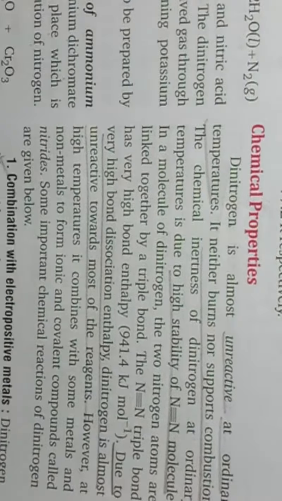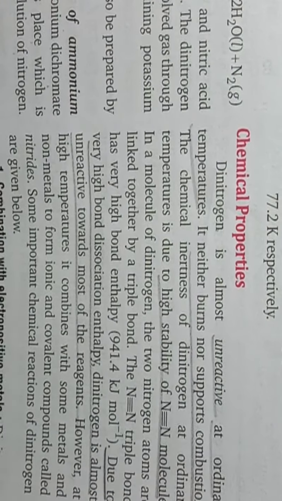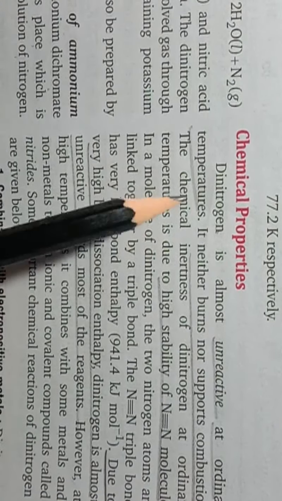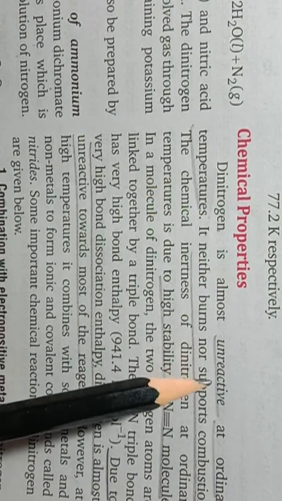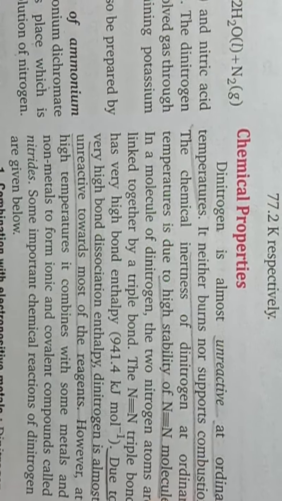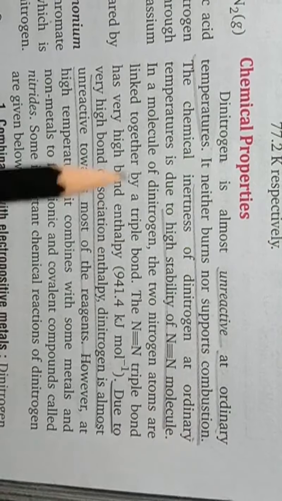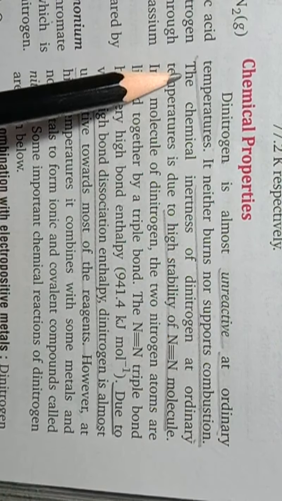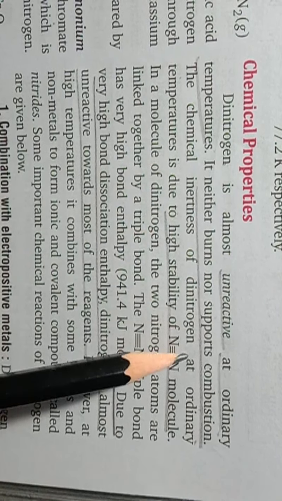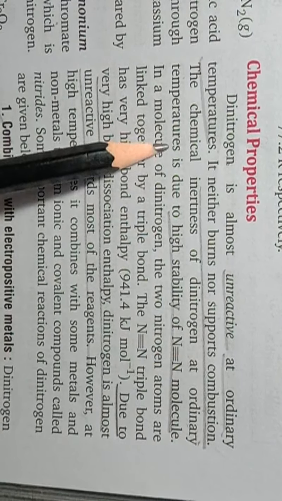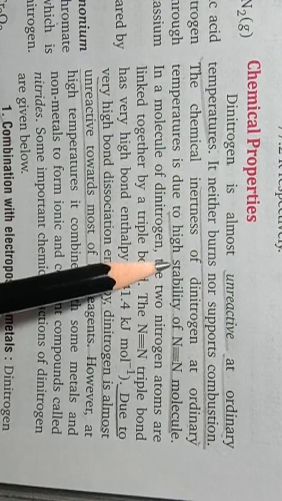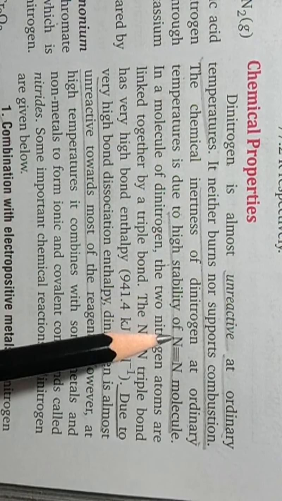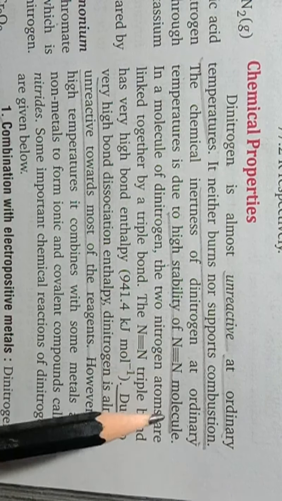And after this, chemical properties of dinitrogen. Dinitrogen is almost unreactive at ordinary temperature. It neither burns nor supports combustion. The chemical inertness of dinitrogen at ordinary temperature is due to the high stability of the N≡N triple bond molecule.